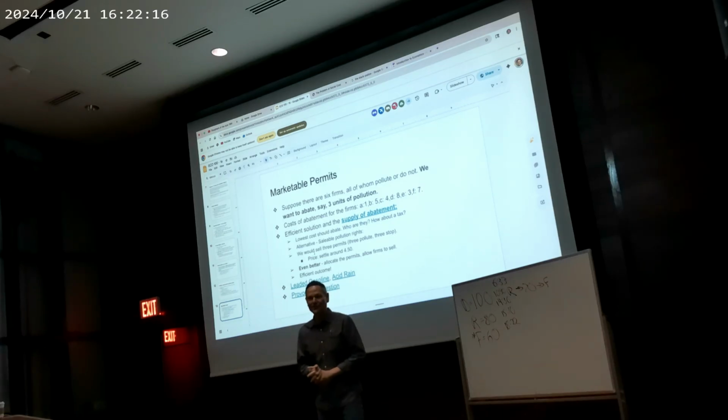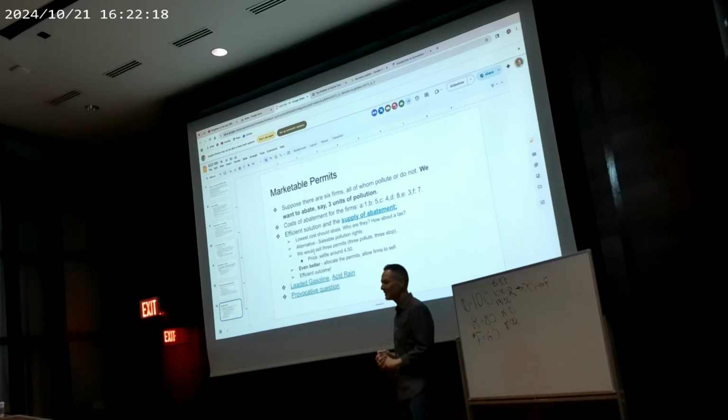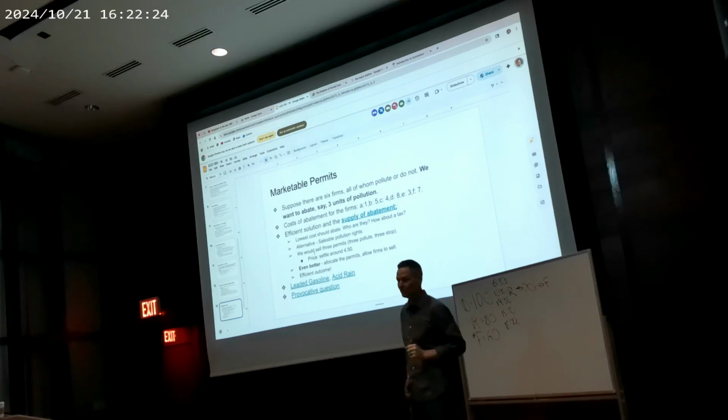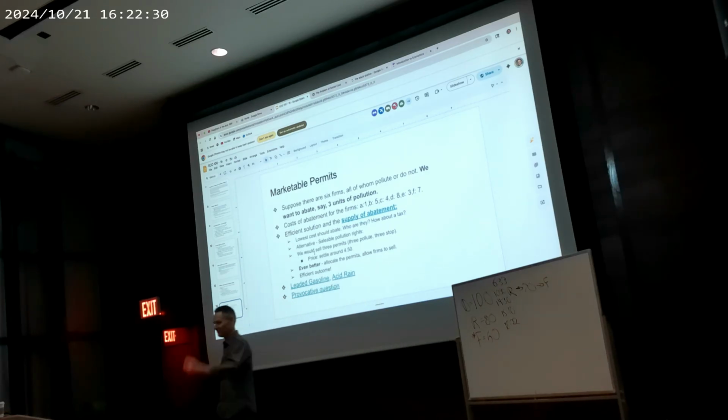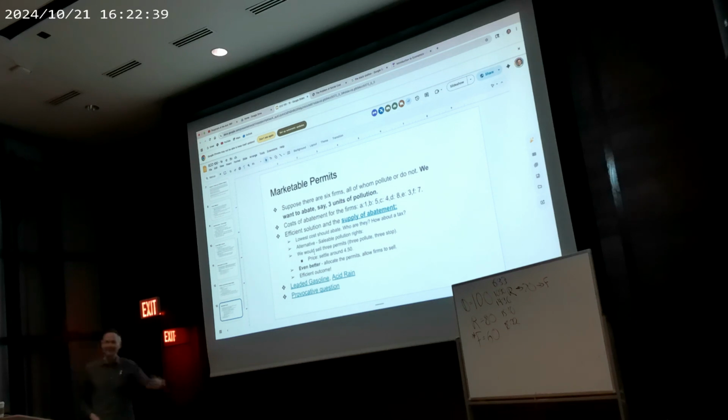So what is going on in a marketable permit system? A marketable permit is a tool of environmental policy where you buy the right to pollute. So if you're a firm, you can be shut down or penalized severely if you pollute the environment, unless you have a permit to issue a little bit of smog into the air or a little pollution into the river.